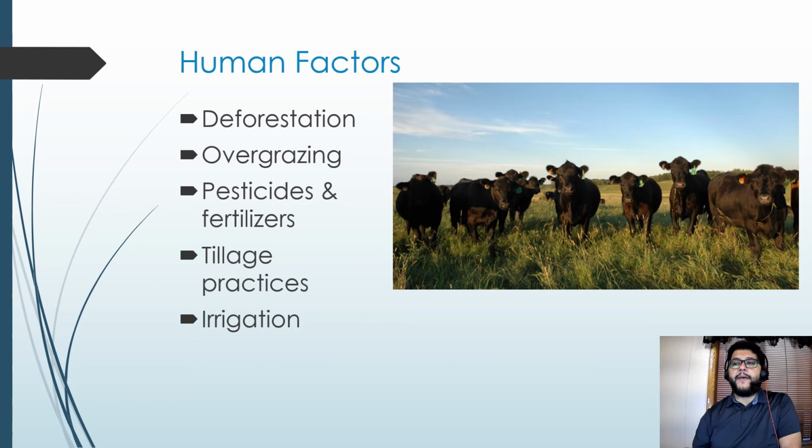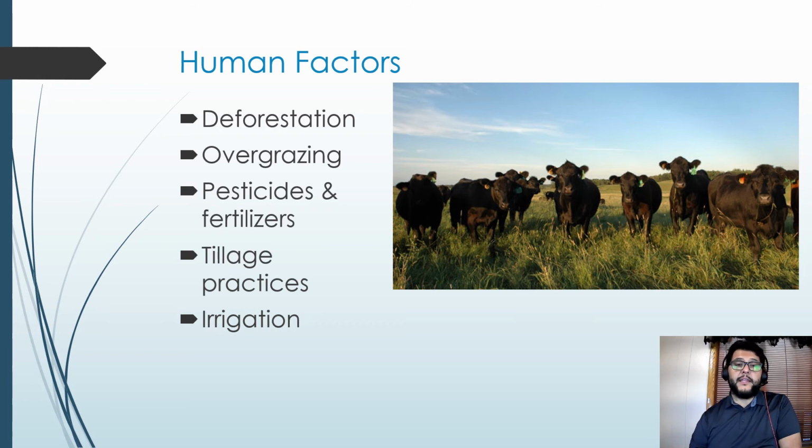And so big human factors that might play a role in these would be deforestation, okay, because you've removed the trees and you're not going to have any areas for that grass to grow. You can have overgrazing, where you're going to have animals break down and eat the different grasses and things that you would want to have. Then you can have pesticides and fertilizers, which will change the chemistry of the soil, make it lighter or heavier, and that'll play a big role there.